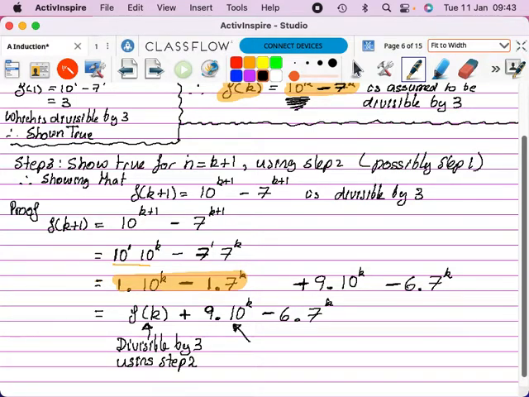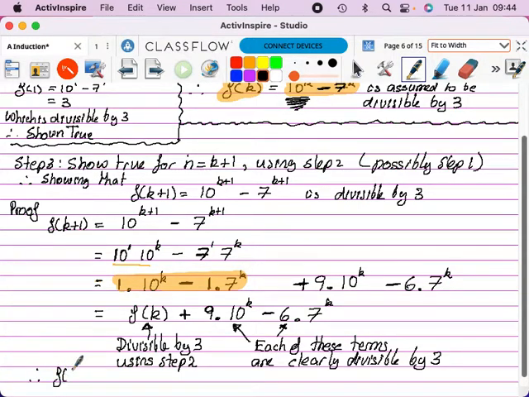So what we can actually write for both of these now, each of these terms are clearly divisible by 3. So therefore, every single term is divisible by 3.